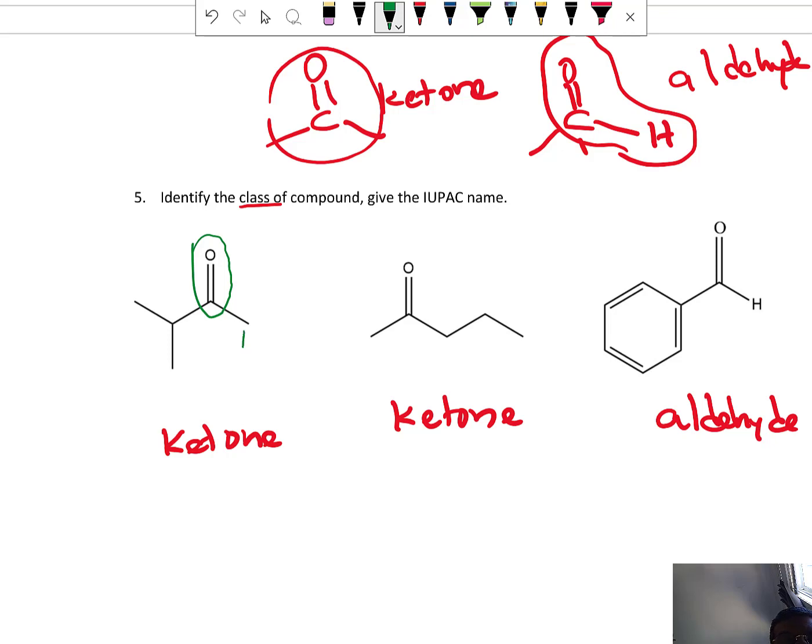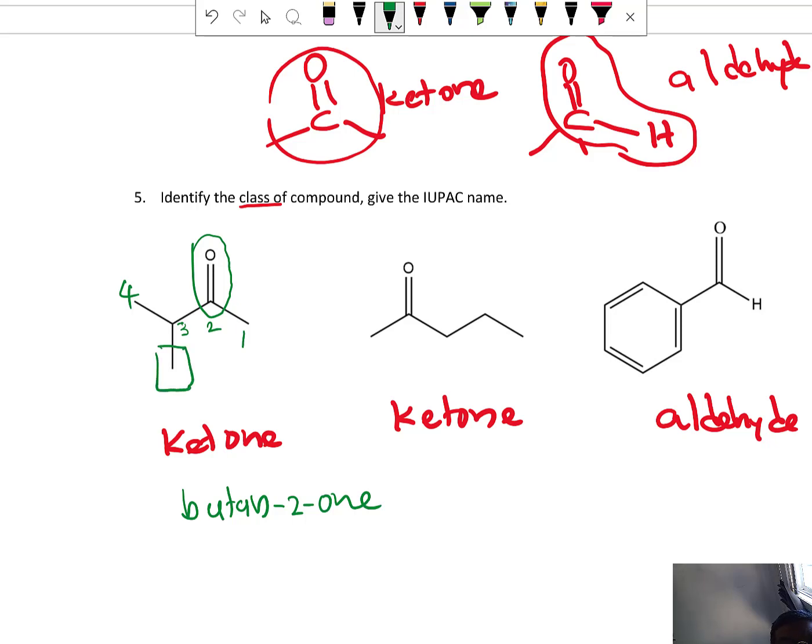So that means 1, 2, 3, and 4, right? And it's a ketone. I should say this is butane, and it's at the second position, 2-one, butanone. Butane-2-one, you can say 2-butanone. So both are good.